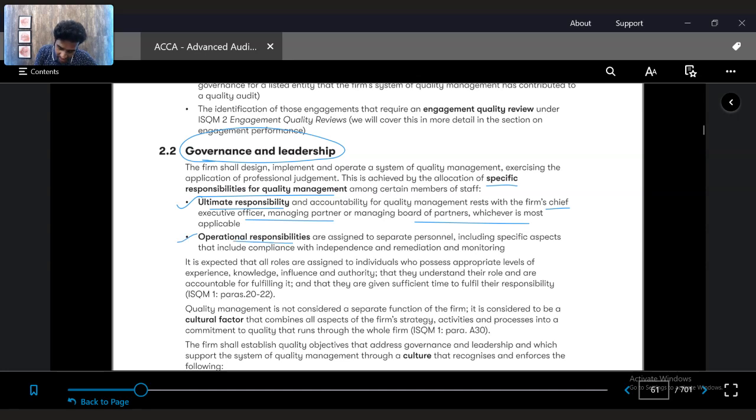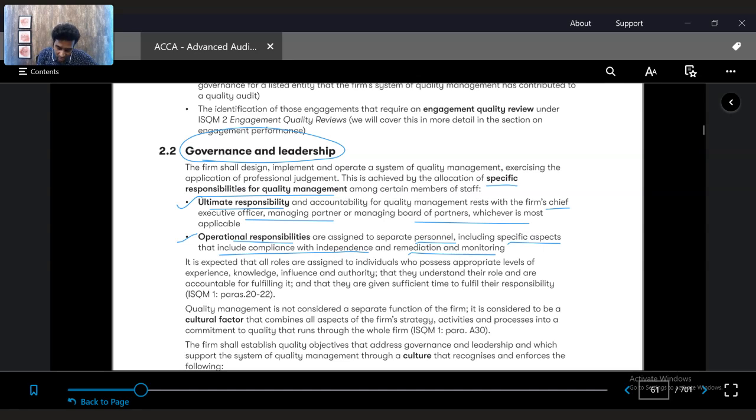Operational responsibilities are assigned to separate personnel, including specific aspects that include compliance with independence, remediation and monitoring. So operational aspects include, at an engagement level, who takes the responsibility of ensuring that the quality processes are operating in an effective manner.